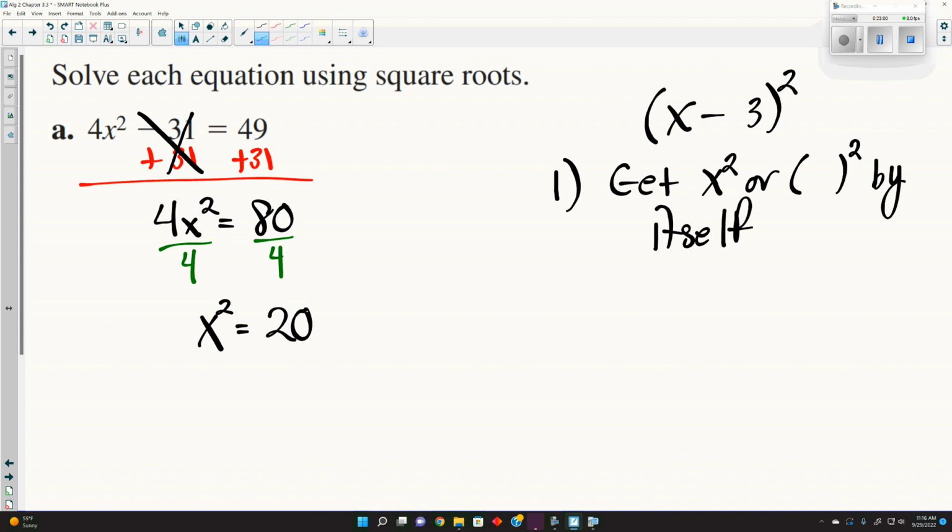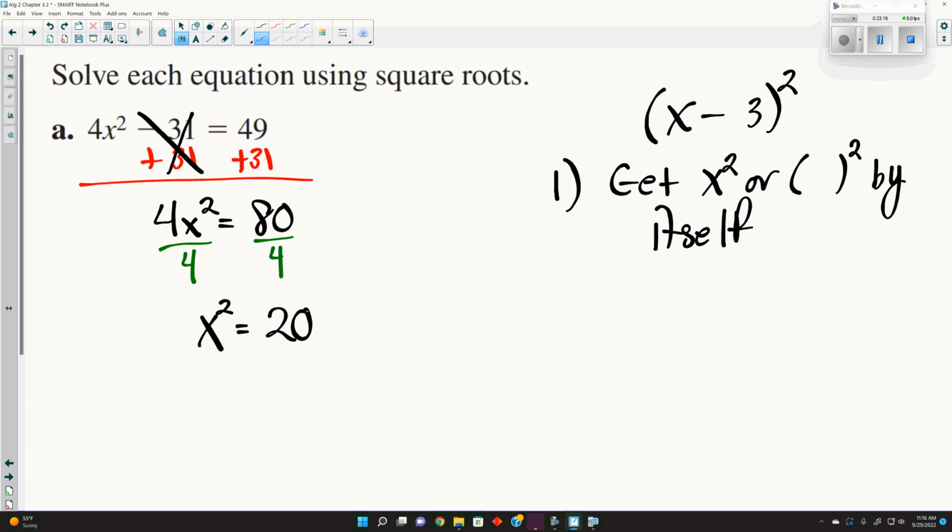Well, now we know what x squared is. x squared is 20, but we want to know the value of x, yes? So what can we do to get rid of that power? Well, what's the method called? Square root method.